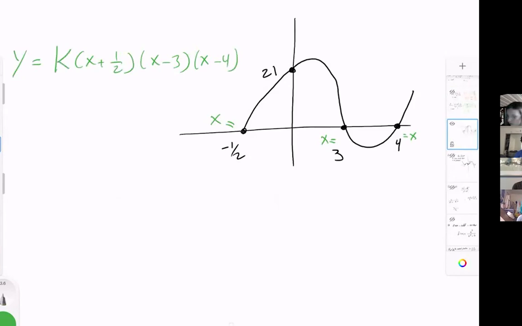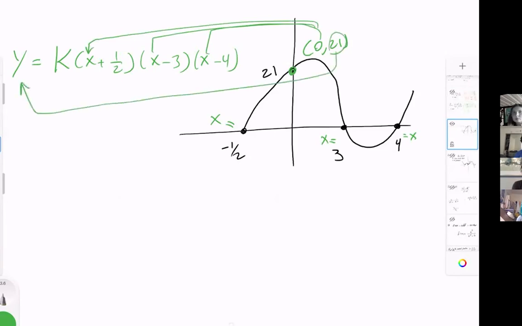How do we solve for k? You use this point, (0, 21). You plug 0 for x, 21 for y, then solve for k. Then you plug it back.